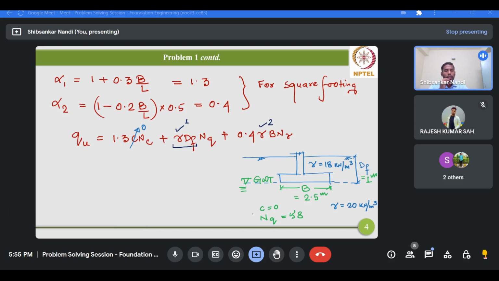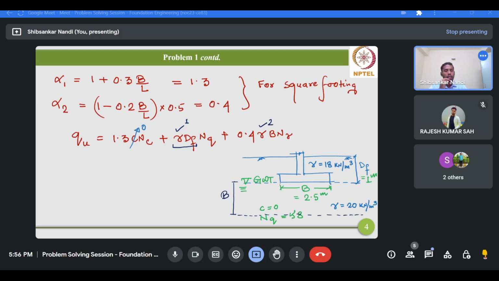Further, if the water table is located beyond a depth of B from the base of the footing, then none of this term will be impacted by the groundwater table. So I basically talked about 3 scenarios. First, when the water table is located at the ground surface, both of these terms will be affected.